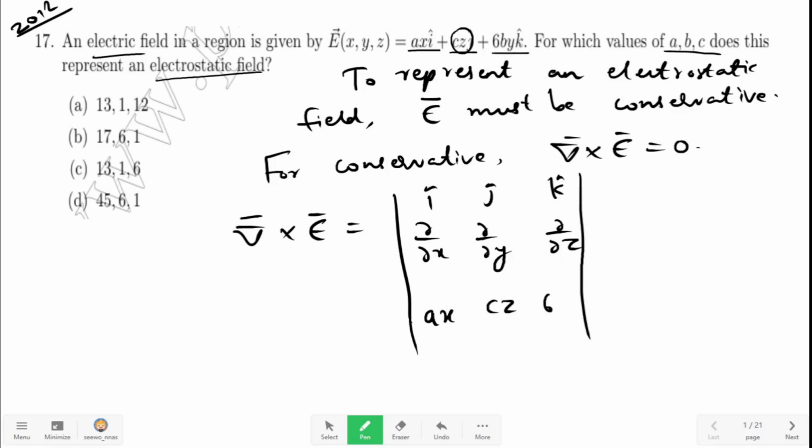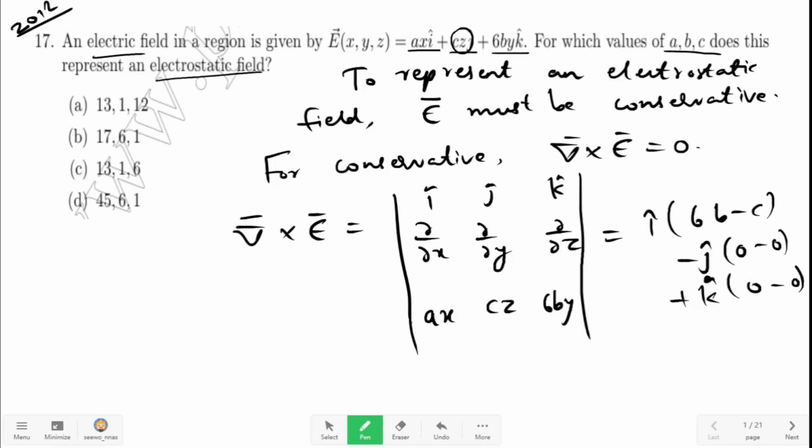Then we have 6BY. This is equal to I cap times (6B minus C) minus J cap times (0 minus 0) plus K cap times (0 minus 0).